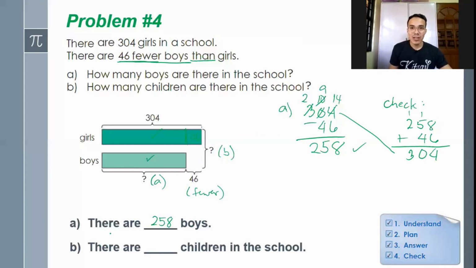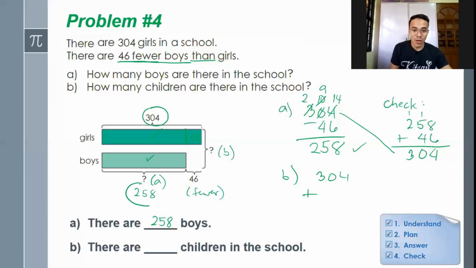To answer letter B, there are blank children in the school. So we're just going to add the number of girls and the number of boys in school. There are how many girls? 304. There are how many boys? Our answer is 258.